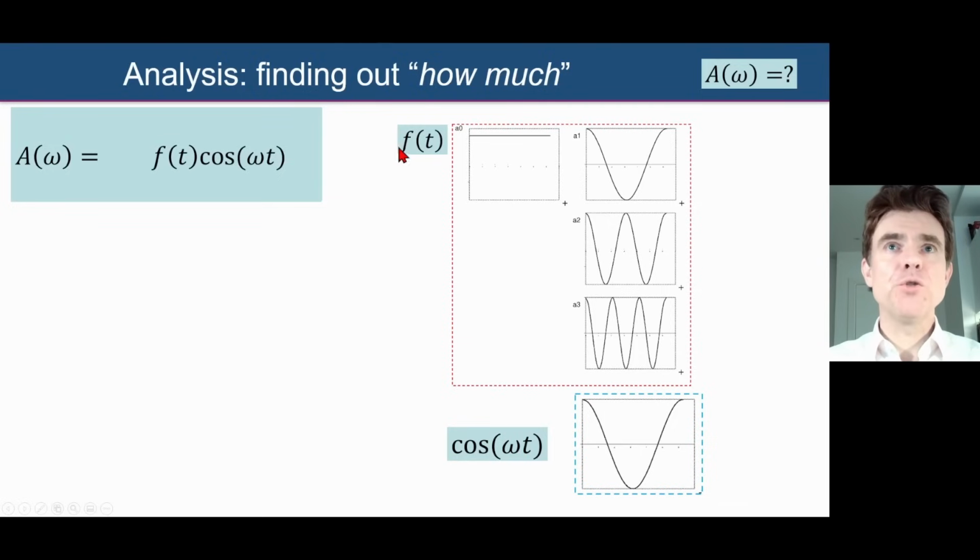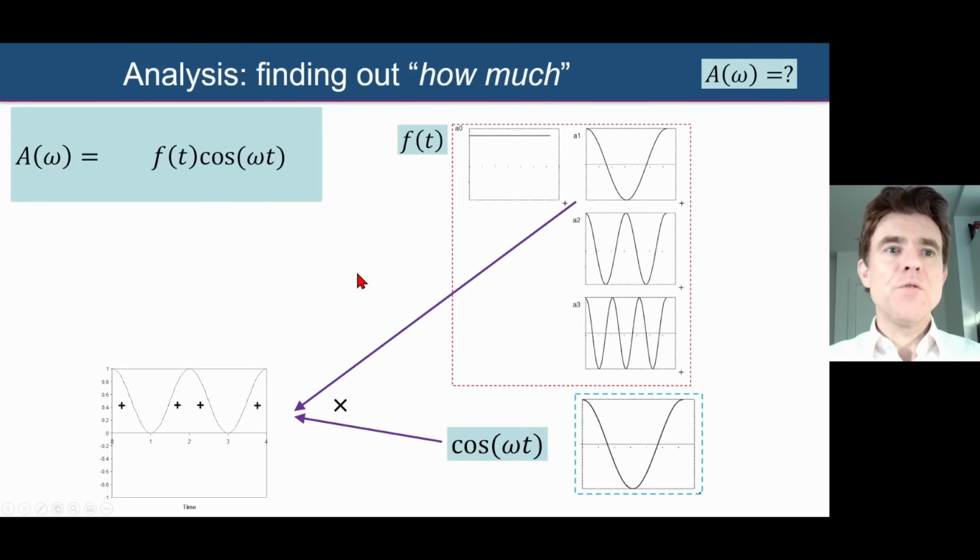So you take your original f of t, which could be that arbitrary waveform we've seen before, but of course we're saying it's made up of all of those components, then we multiply f of t by cos omega t, and so we get this. Then what we do, of course, when we're doing that multiplication, just to point out that therefore that cos omega is being multiplied by each and every frequency that is present in f of t.